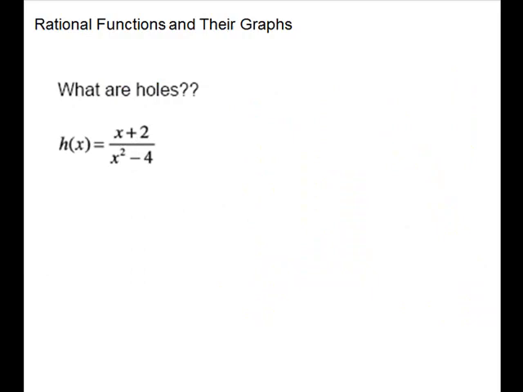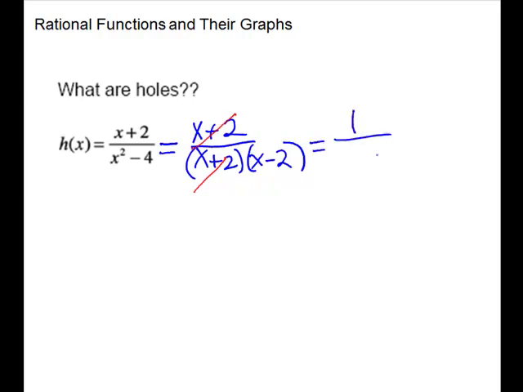So let's look at what are holes. We've mentioned them a time or two. If you have common factors between your numerator and your denominator, and you do here, if you factor your denominator, you have x plus 2, x minus 2. And so this x plus 2 would divide out. But this piece that divided off the denominator, we're going to get a hole from that.